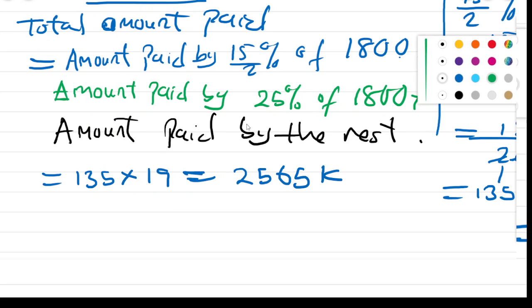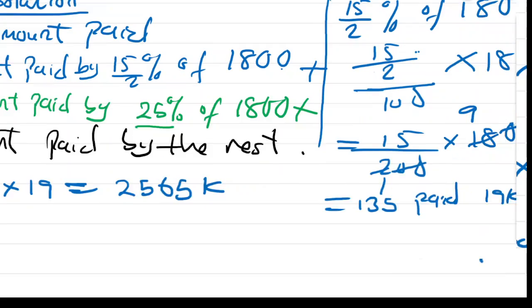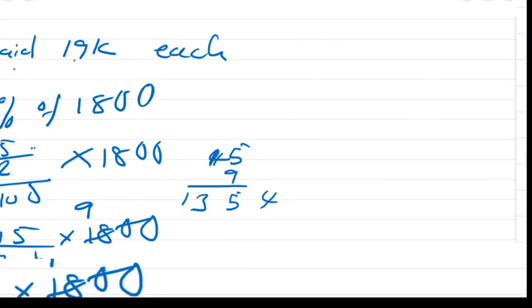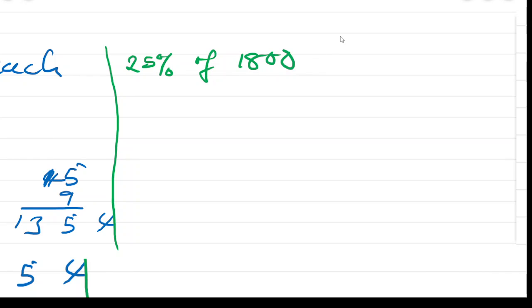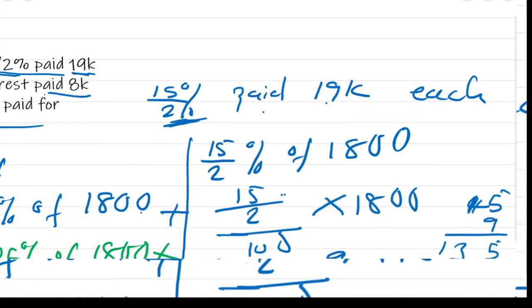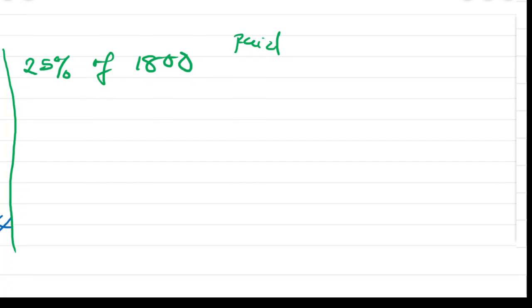That is the part that 25% of 1,800 paid. So 25% of 1,800, they paid 13 kobo each.